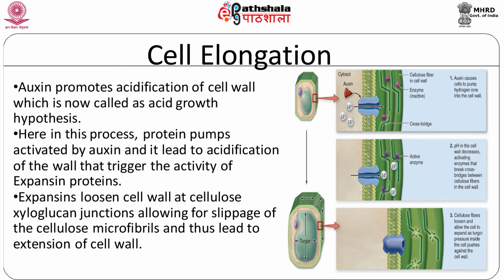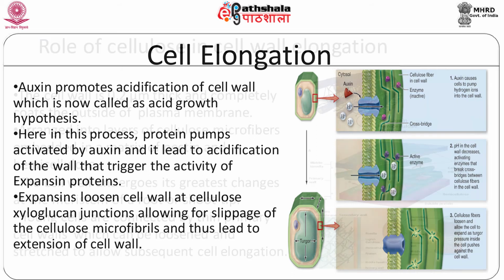Expansin also loosens the cell wall at the cellulose xyloglucan junction, allowing for slippage of cellulosic microfibrils. This activity leads to extension of the cell wall and further creation of elongated cells.